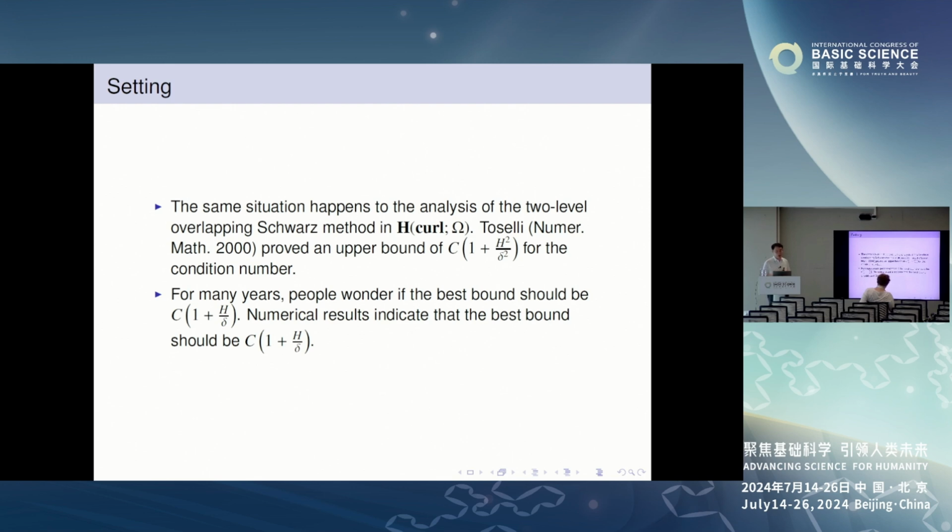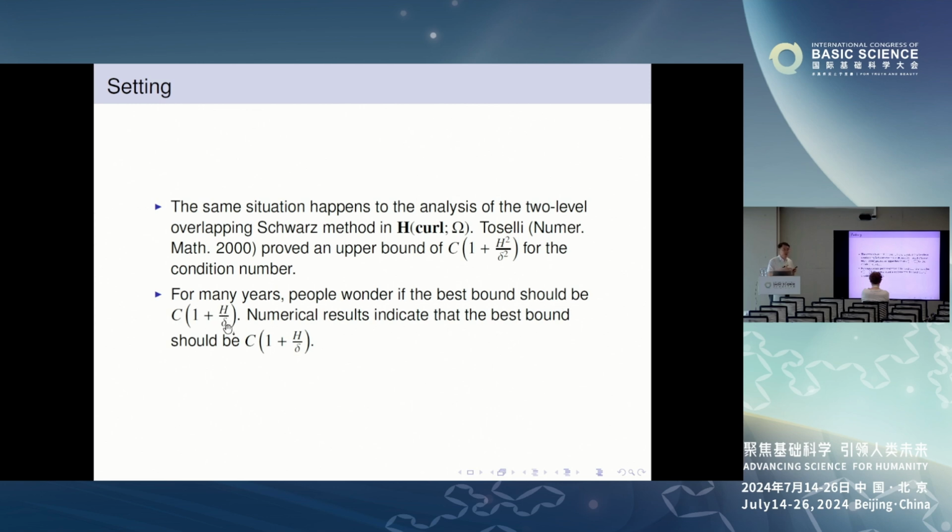The same situation happens in the analysis of the two-level overlapping Schwarz method in H-curl. Actually, Toselli proved the upper bound for the condition number is 1 plus H squared over delta squared. But for many years, maybe 20 or 30 years, people wondered whether the best bound should be 1 plus capital H over delta.